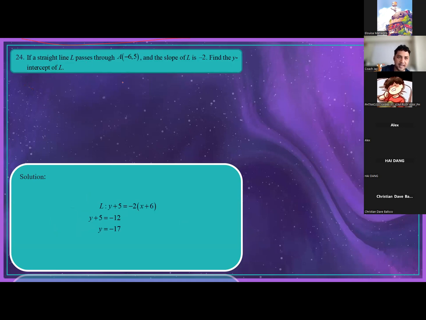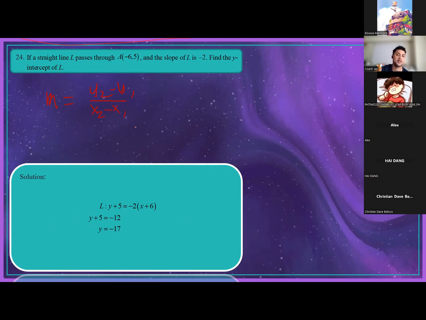Number 24. If a straight line L passes through point A with coordinates (negative 6, 5) and the slope of L is negative 2, find the y-intercept of L. This is just the point-slope form. We have m equivalent to y2 minus y1 over x2 minus x1, but we only have one point.